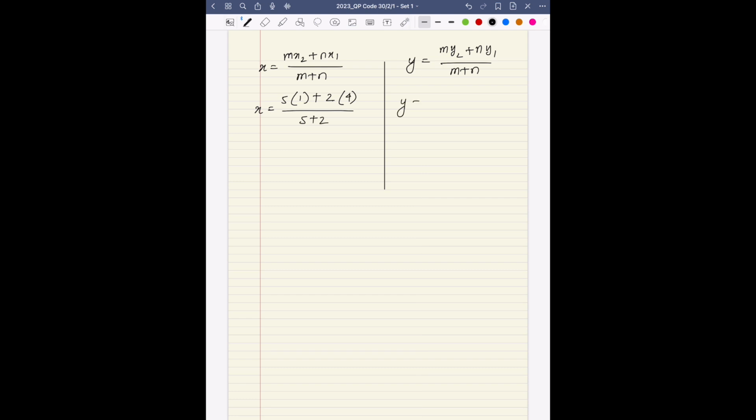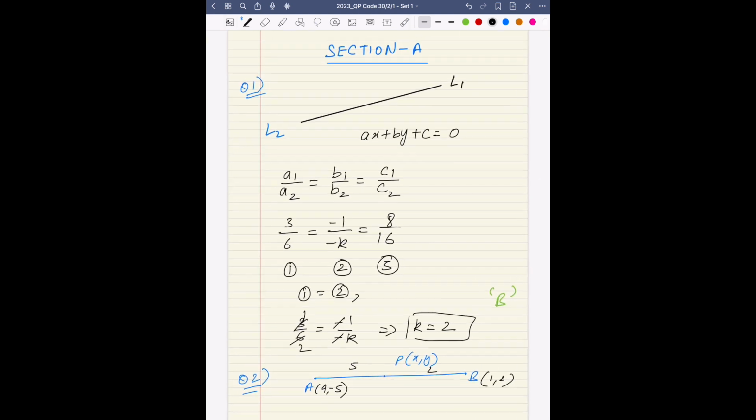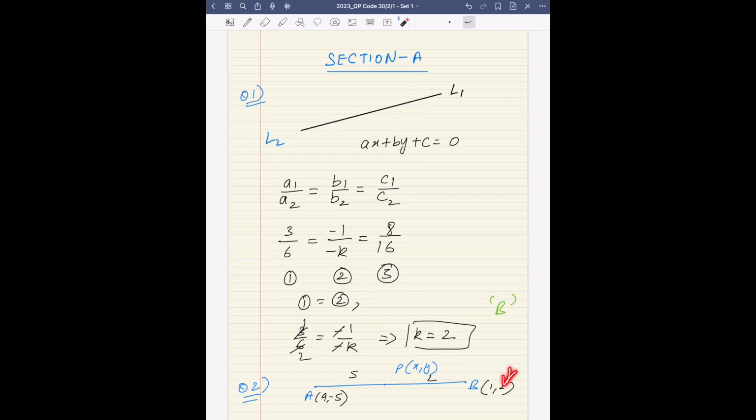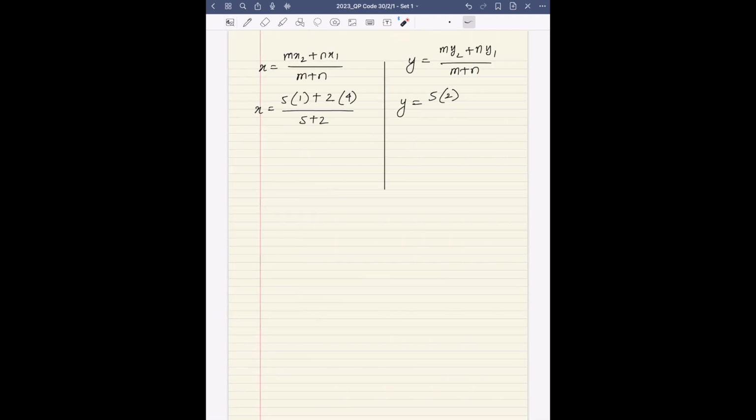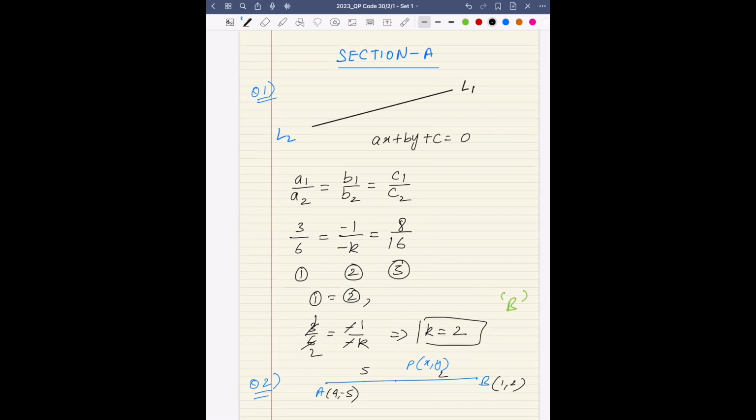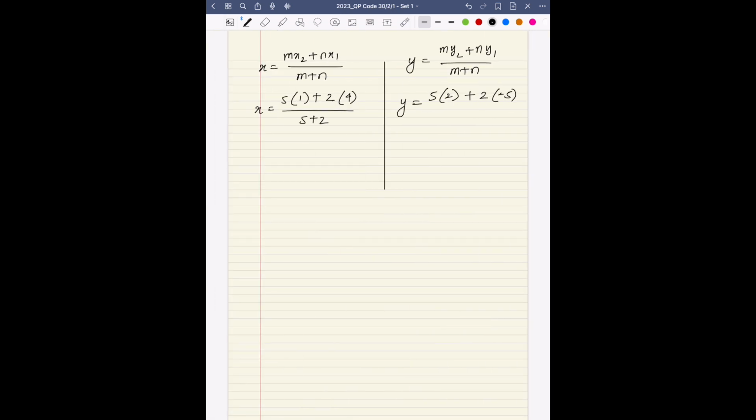Similarly, let's find y also. Same thing, m is 5, what is y2? y2 is 2. Okay, B's second coordinate or y coordinate is 2. So m times 2 plus n, which is 2, times y1, which is minus 5, divided by 5 plus 2.